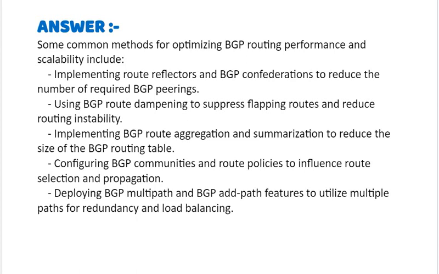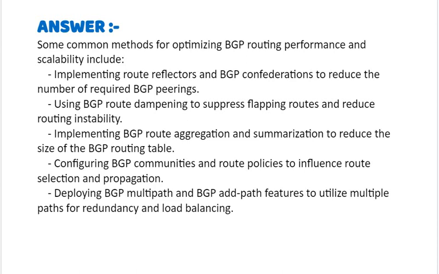Next point is using BGP route dampening to suppress flapping routes and reduce routing instability. Next point is implementing BGP route aggregation and summarization to reduce the size of the BGP routing table.